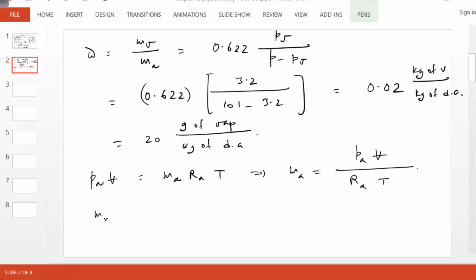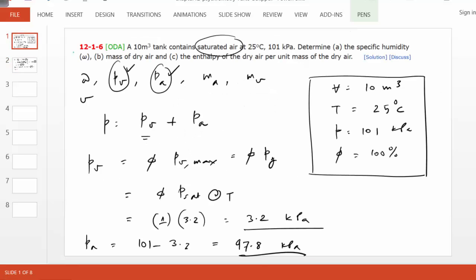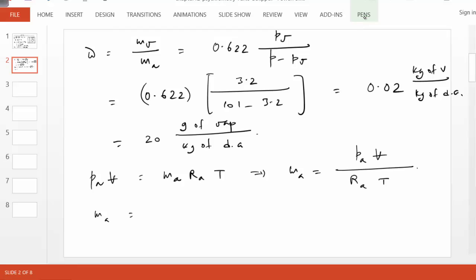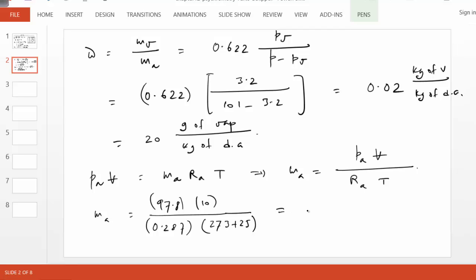We already figured out the pressure of dry air in the previous section, 97.8, volume 10 meter cube, 0.287 is RA, and temperature is 25 degrees Celsius, which is 273 plus 25 Kelvin, and that turns out to be about 11.44 kg.